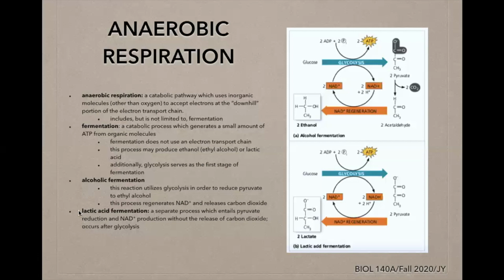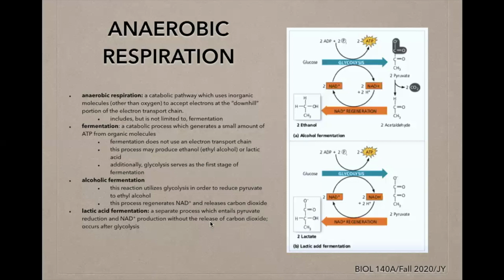However, NAD+ is actually produced without having to release carbon dioxide. And then two of the common products formed from fermentation, as I've mentioned, are alcohol in the form of ethanol and lactate, the ionized form of lactic acid. And so in this diagram, I have the biochemical pathways involved in alcoholic fermentation and lactic acid fermentation.